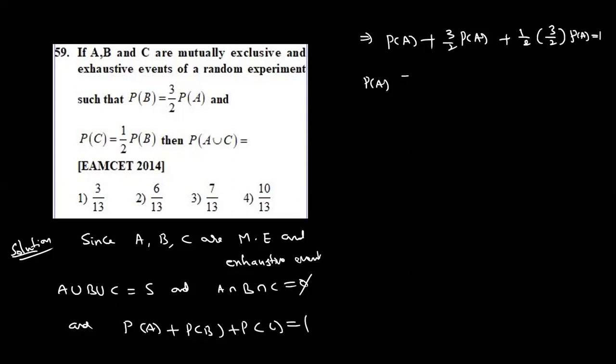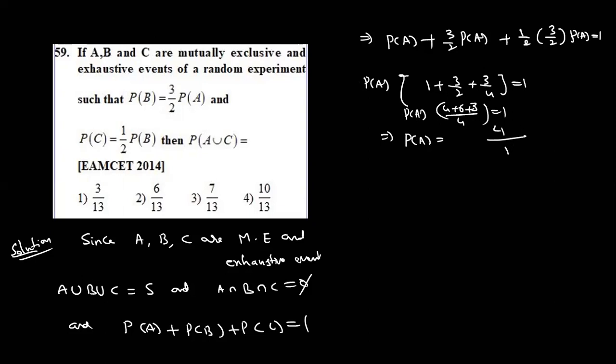So P of A is how much? 1 plus 3 by 2 plus 3 by 4 is equal to 1, dear students. So simplify. What is the LCM coming? 4 plus 6 plus 3. So I think 13 is coming.